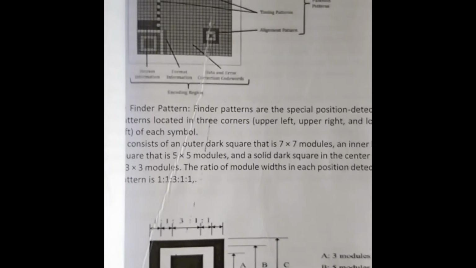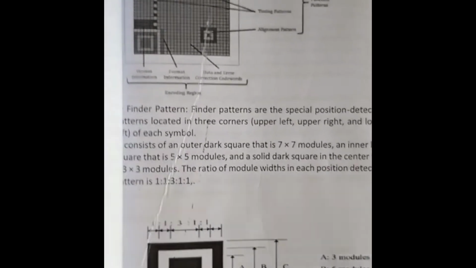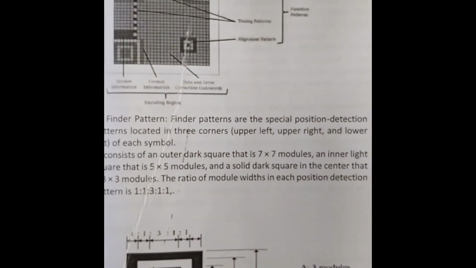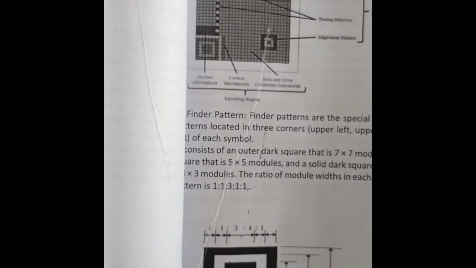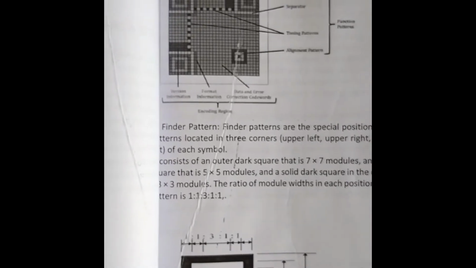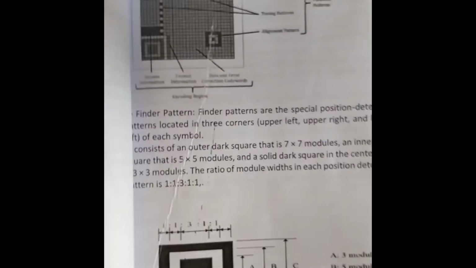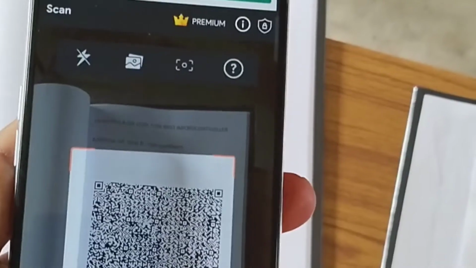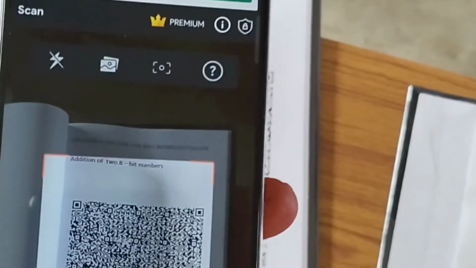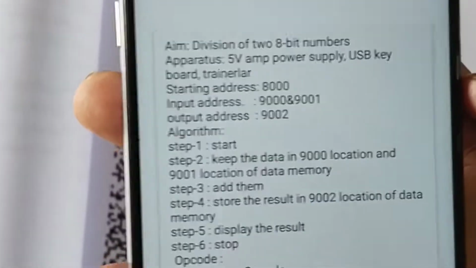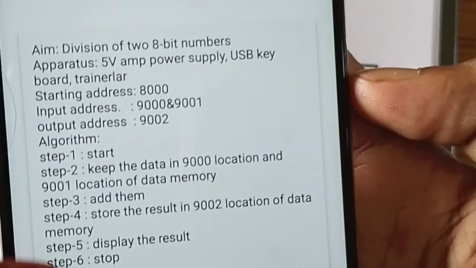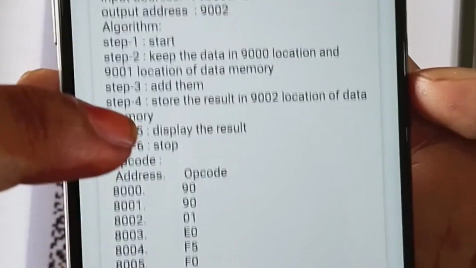And here you can see there are outer dark squares. There are 7x7 modules, or 3x3 modules, or 5x5 modules. See the scanning of a QR code. Here you can see we get data by scanning a QR code.